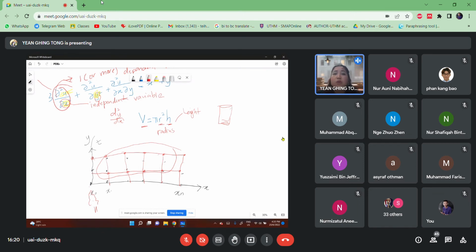Let's say I want to see del V over del r. That means I want to know the partial derivative of volume V with respect to radius. So what is the change of the volume if we change the radius?